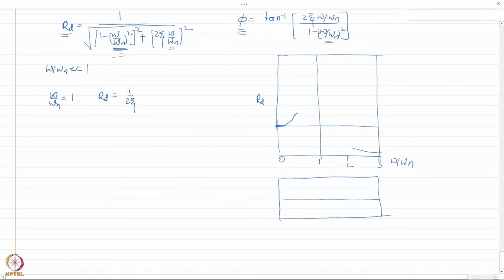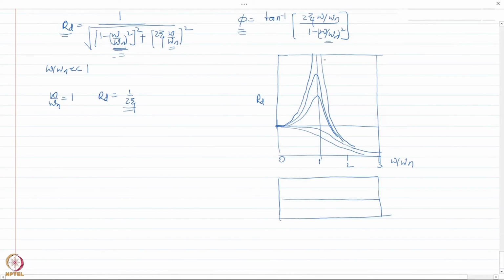For the undamped system where zeta is 0, this becomes unbounded, something like this. For different values of damping, I would obtain different curves here.